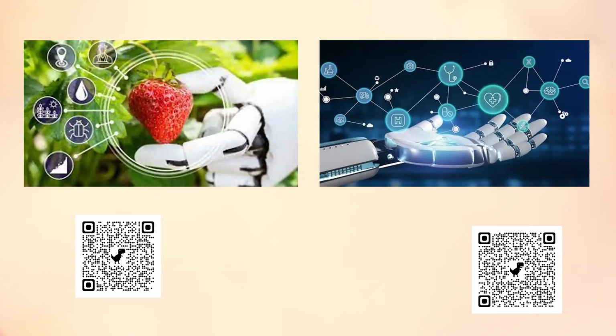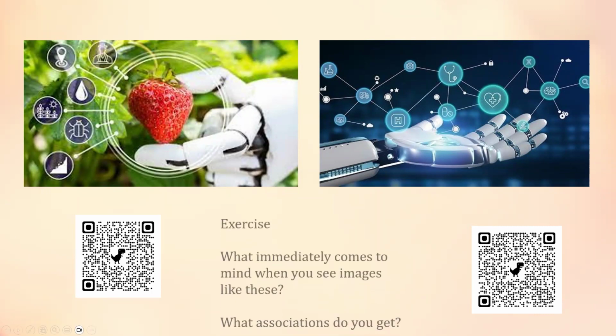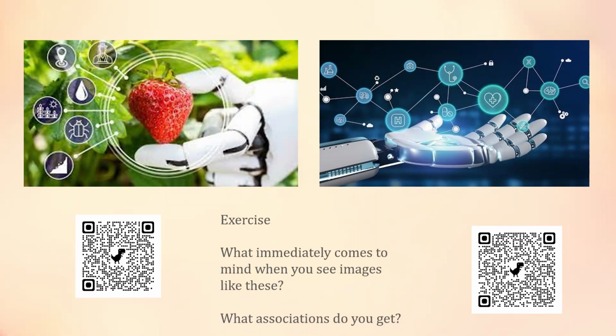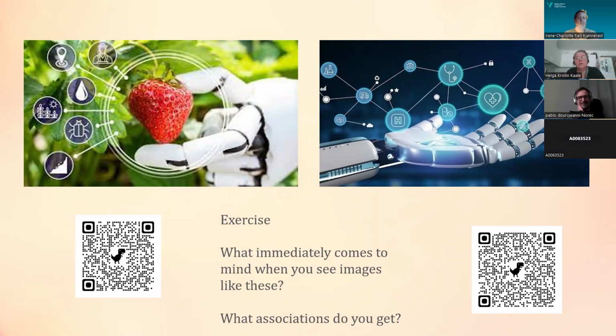The one with the strawberry is from forskning.no, and the other one is from UiT, the University of Tromsø, Health in Tech. And now I want you to tell me what immediately comes to mind when you see images like this. What associations do you get?